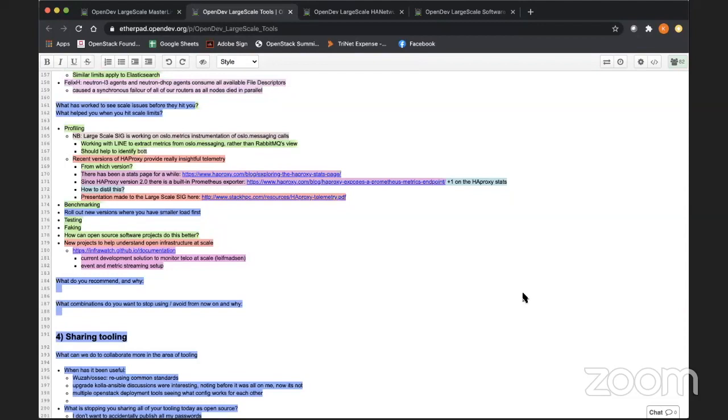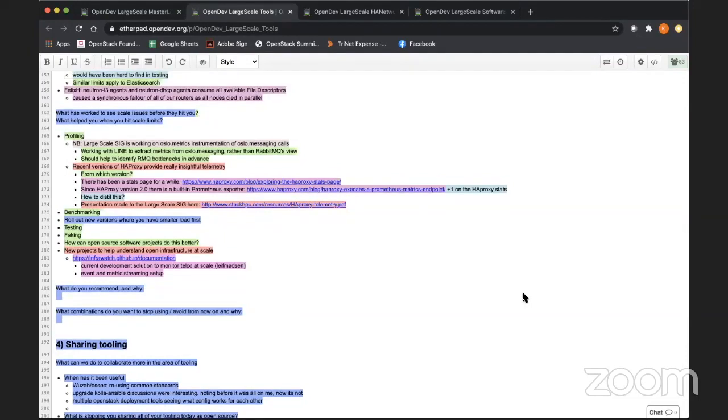And it is a good example of the type of things we're trying to achieve at the Largescale SIG, which is how do we push back the limits in terms of scaling once you reach a certain size in a single cluster. So what breaks first, and how can we push back that? And it seems RabbitMQ is one of the first things that fail when we start adding nodes. So how do we instrument that?